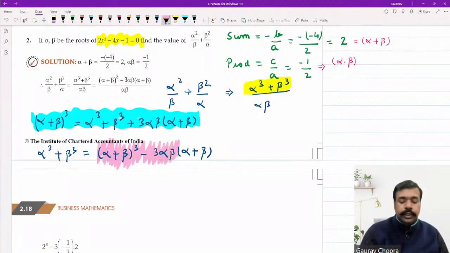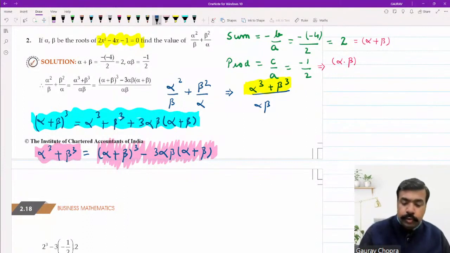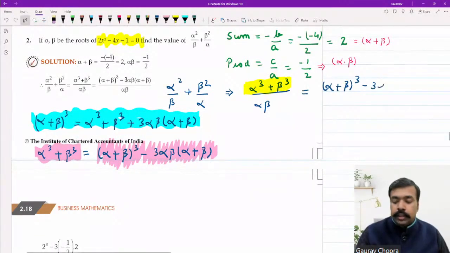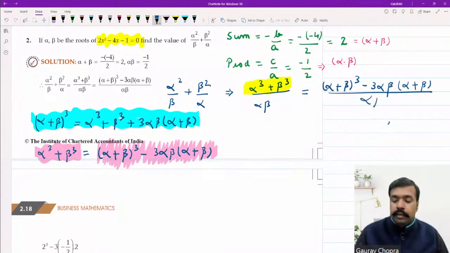Now we can substitute this value in place of alpha cube plus beta cube. So let us do this. It will become (alpha plus beta) cube minus 3 alpha beta multiplied by (alpha plus beta), divided by alpha into beta.